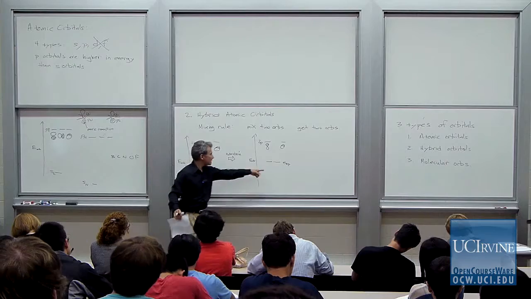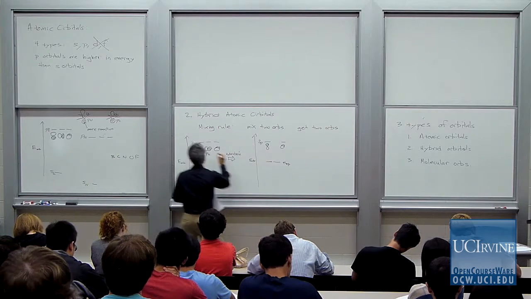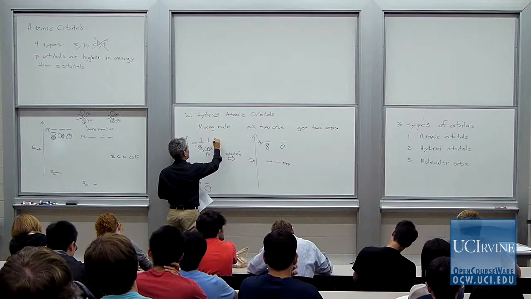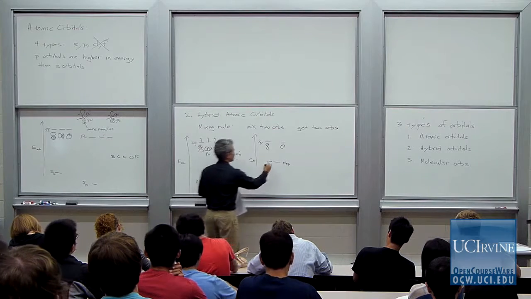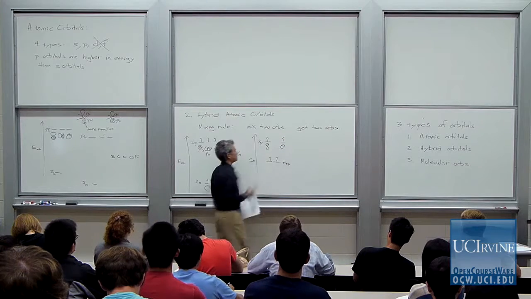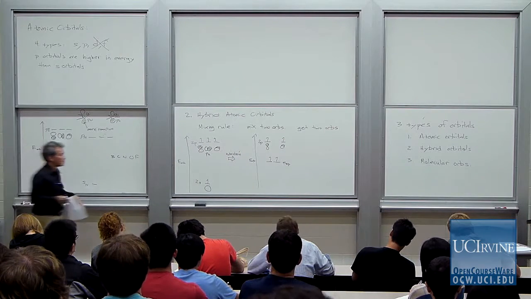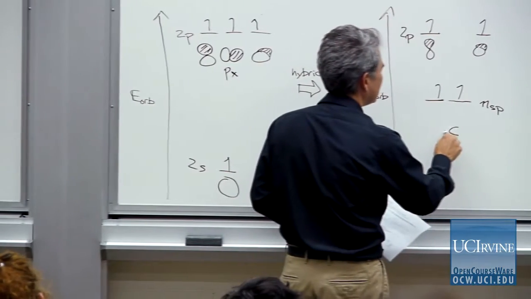We represent that with this sp symbolism here. A carbon atom normally has 4 electrons ready for bonding, so now I would have 1 electron in each of these orbitals and 1 electron in each of these p orbitals ready for bonding. And you know this to be the hybridization, I hope, for something like an alkyne.